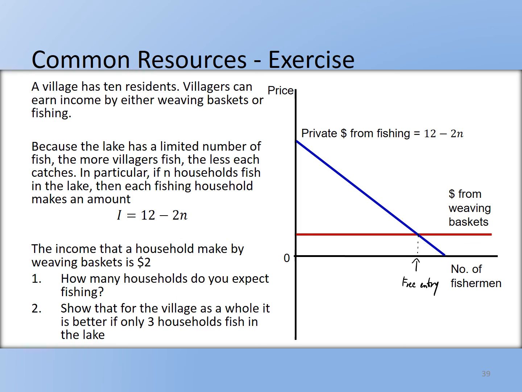So that's what you expect. With free entry, people would start going to fish as long as fishing brings in more income than weaving basket. How much is that? That's easy, right? That's 12 minus 2n equals 2, which gives you n equals 5, right?